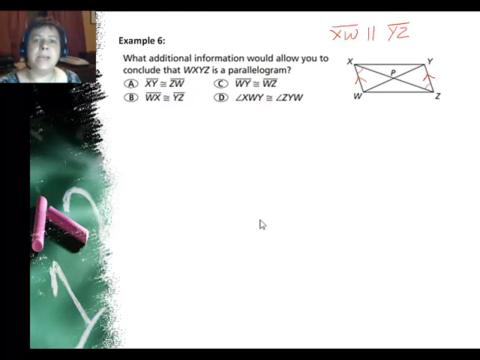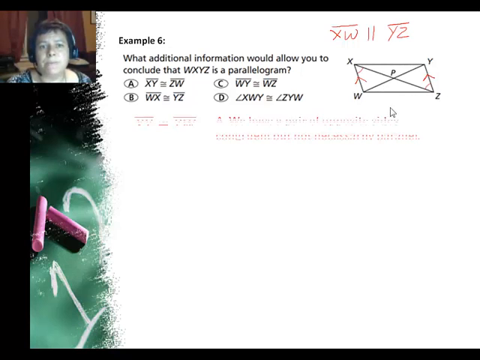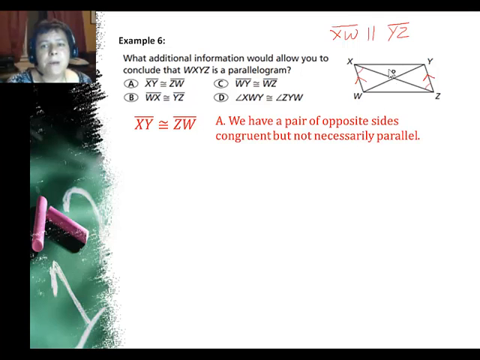Now I'm going to go ahead and take a look at each of the answer choices to see if they give me enough information. Answer choice A says XY is congruent to ZW. Well, we have a pair of opposite sides congruent, but that doesn't necessarily make them parallel. I could have, for example, an isosceles trapezoid. So I could say, oh, those opposite sides are congruent.